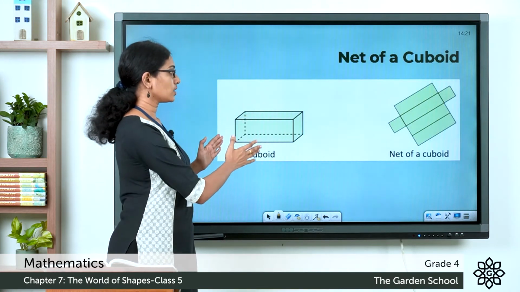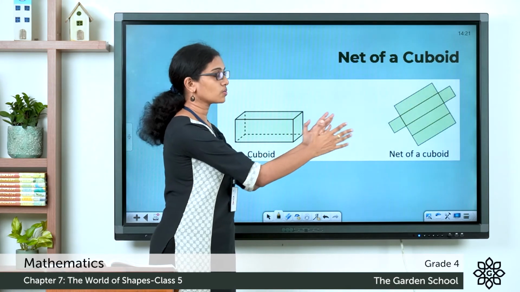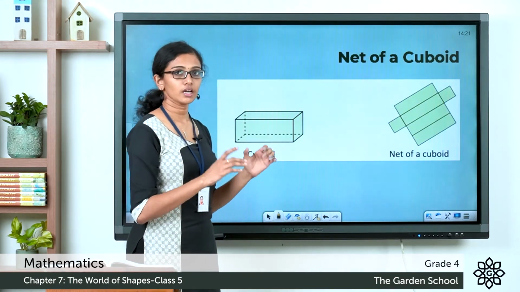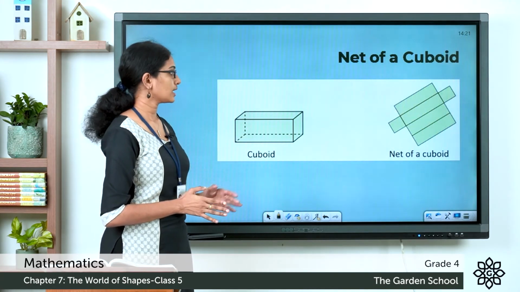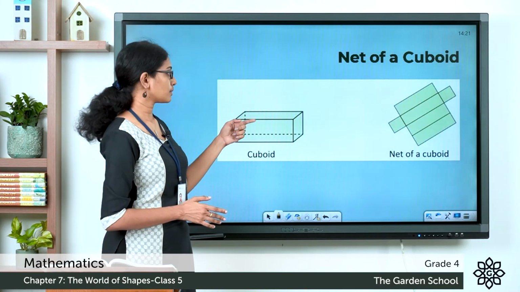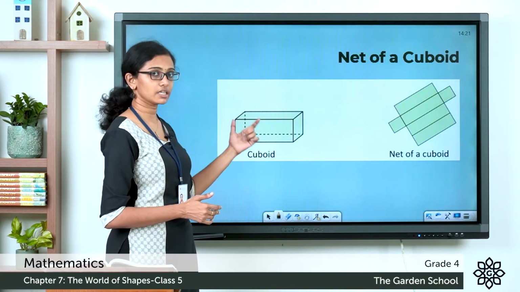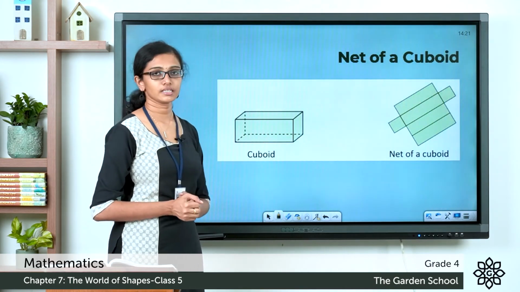So this three-dimensional cuboid is changed to a two-dimensional net. And if you put back this net together, you'll get the original cuboid shape itself. And see the number of faces? The number of faces are the same in both cases. Both the cuboid, the 3D solid, and the net of the cuboid have 6 faces each.